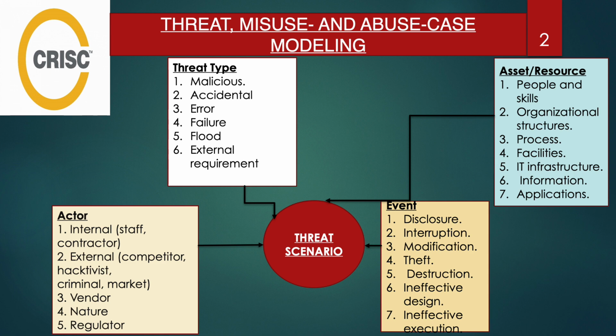Threat types such as malicious, accidental, error, failure, flood, external requirement. Event refers to the type of occurrence, such as disclosure. Similarly, event: disclosure, interruption, modification, theft, destruction, ineffective design, and ineffective execution can be a part of threat scenarios.